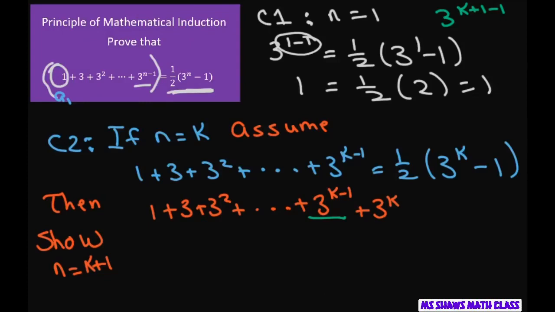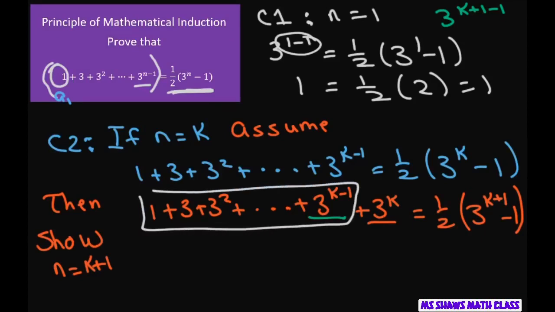Now, you also have to add the next term to your summation. So if you added a term here, you have to add it here. So this is going to be 1/2 times (3 to the k plus 1 minus 1). All right. Now, the next step is we already know what this equals. So this equals 1/2 times (3 to the k minus 1), right here.